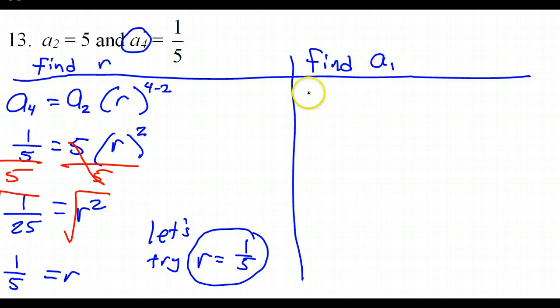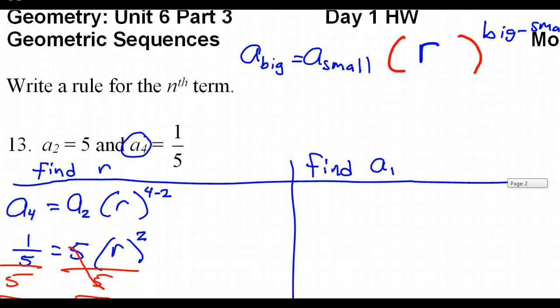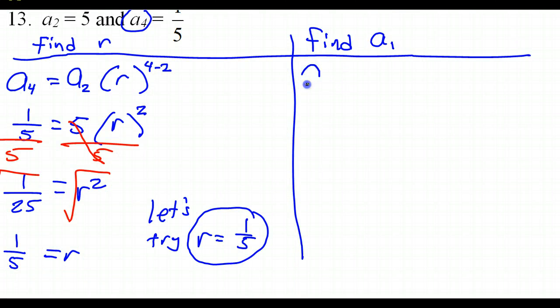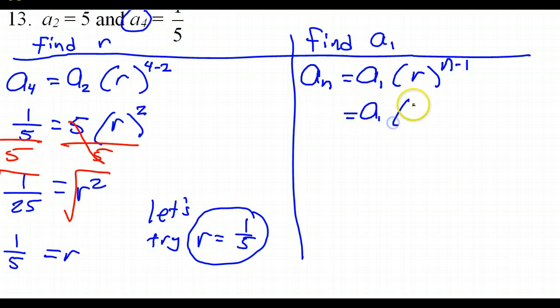So to find a1, I need to start over again, going back to an is equal to a1 times r to the n minus 1 power. But this time I know that r is 1/5, so I'm going to go ahead and plug that in.